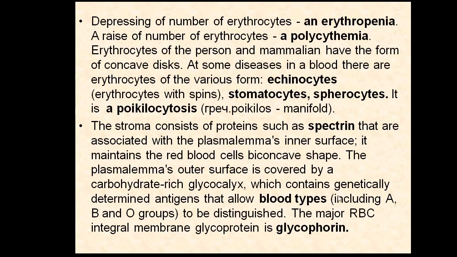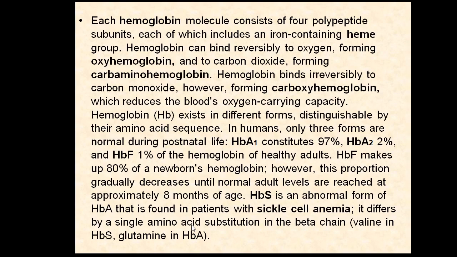Group A, it is the second group, has glycophorin A. Group B has glycophorin B. Group 0 has none, it is the first group. And the fourth group has both A and B. Antibodies appear to this glycophorin.